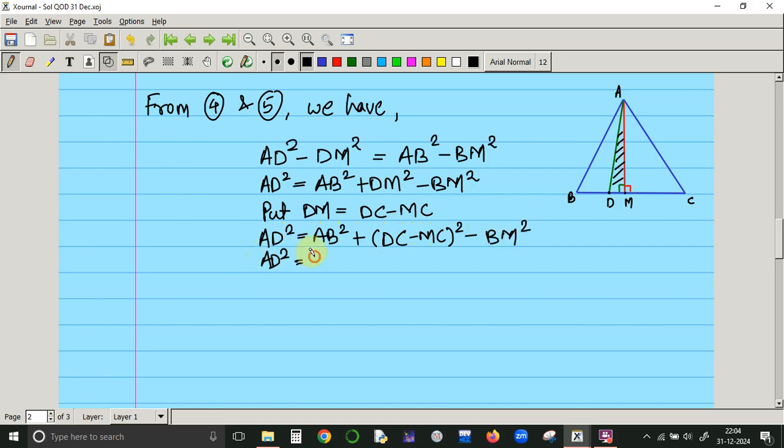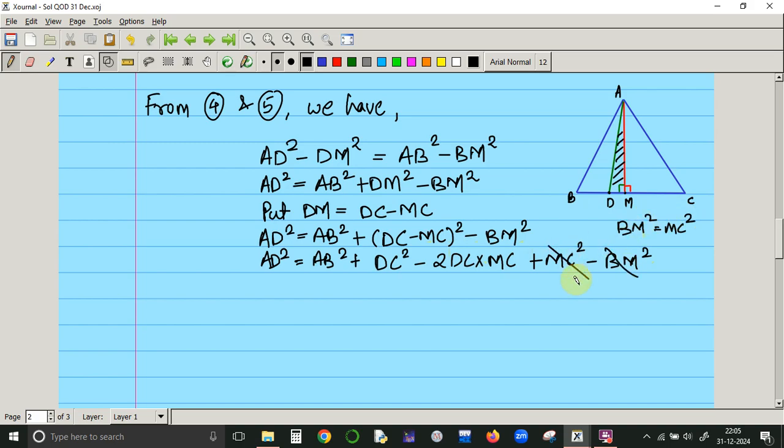So AD square as it is, AB square as it is. This is recognized as (A minus B) whole square. So DC square minus 2 times DC into MC plus MC square minus BM square. BM and MC, they both are equal. BM is equal to MC, so their squares will also be equal.